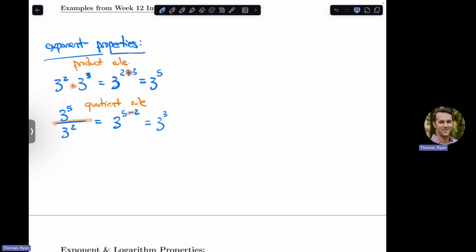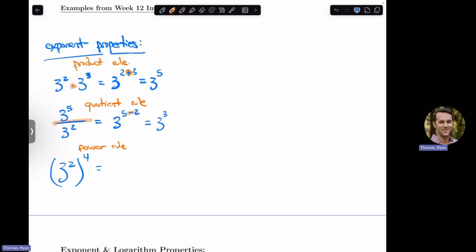And then power raised to a power, like 3 squared to the 4th. This means 4 copies of 2 copies of 3, right? So 3 times 3, 3 times 3, 3 times 3, 3 times 3. So how many total do we have? 8.